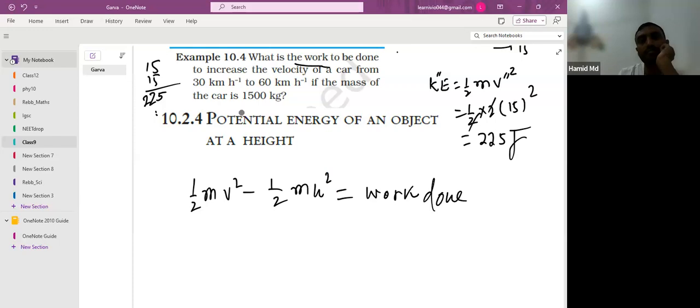And you know that v is 60 kilometer per hour, and u is 30 kilometer per hour. This is given over here.